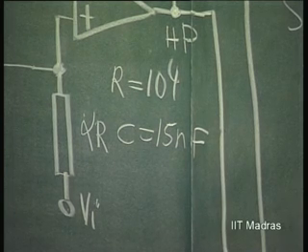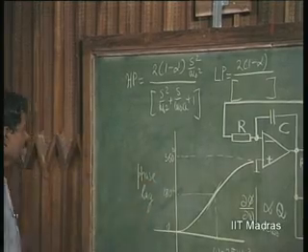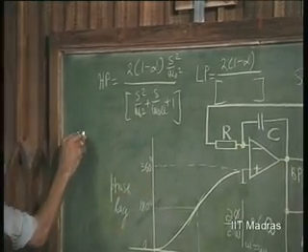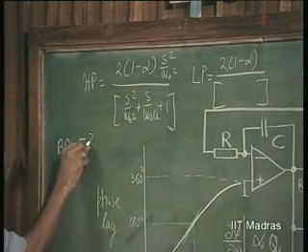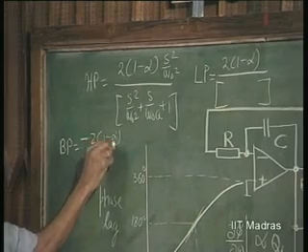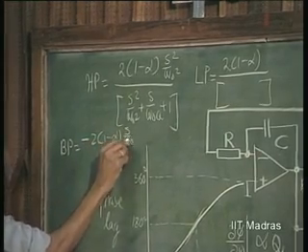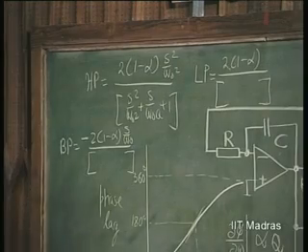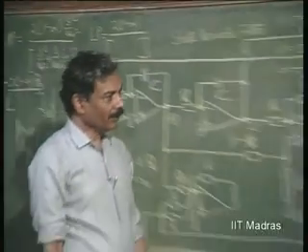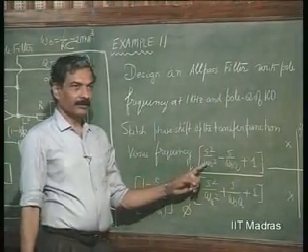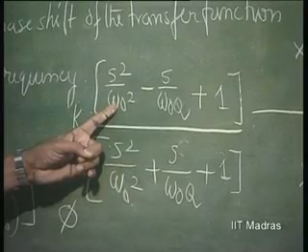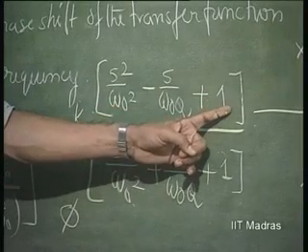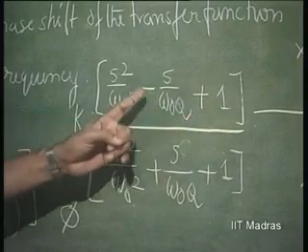So, with that we have high pass here, low pass here, and band pass is minus 2 into 1 minus alpha S by omega naught divided by the same denominator. So, what do I want? I want to simply add high pass with low pass and band pass.